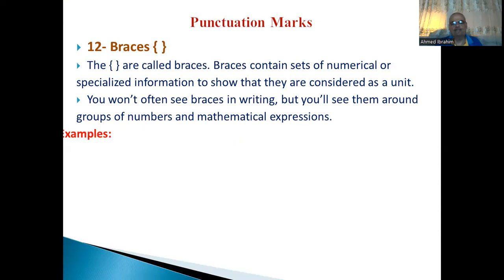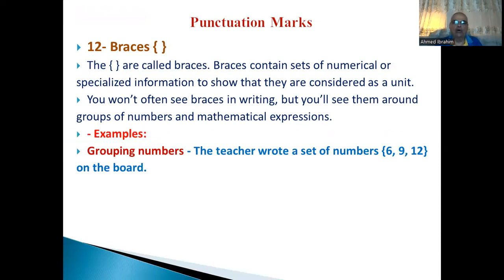For example, grouping numbers: The teacher wrote a set of numbers, braces 6, 9, 12, on the board. Mathematical expressions: 2 braces 1 plus brackets braces, okay.